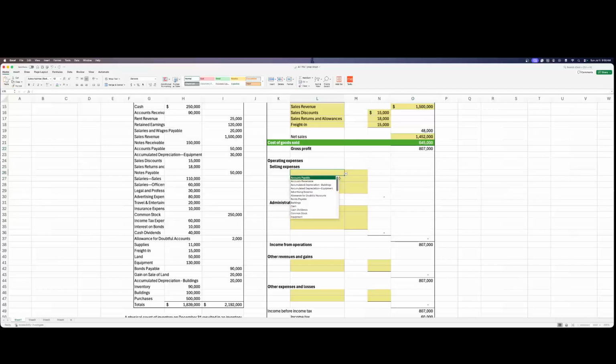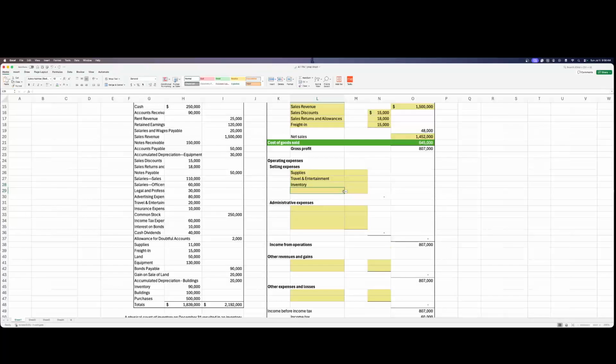You might see, for example, I believe supplies most likely. Travel might be in there. What else would be in there?